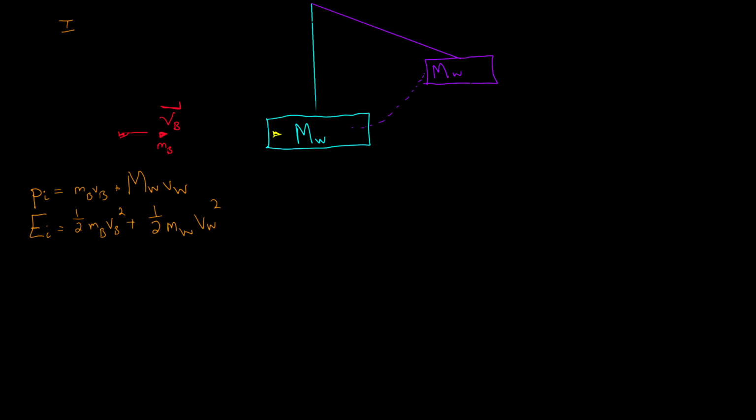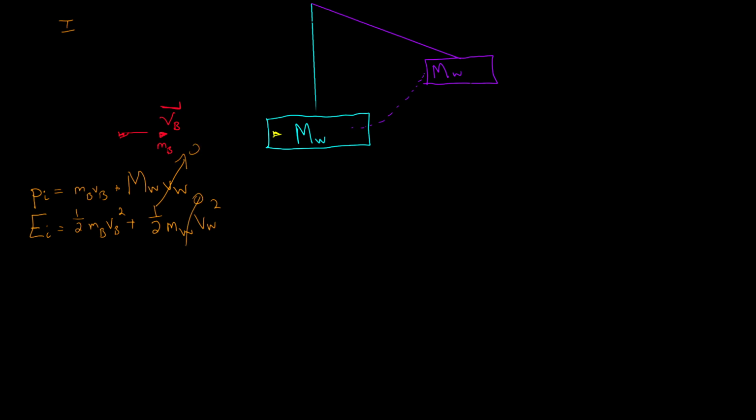And so the only thing in any state of energy is the bullet. So the entire system has all of its momentum coming from the bullet and all of the energy coming from the bullet, because the velocity of the block is 0. And so these terms zero out.